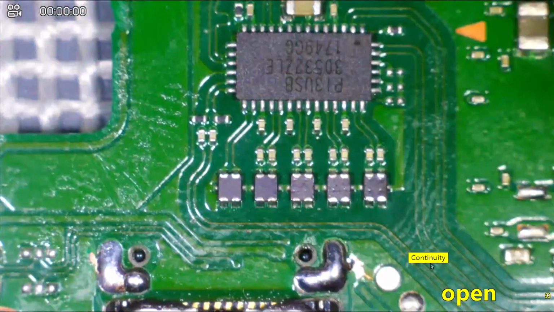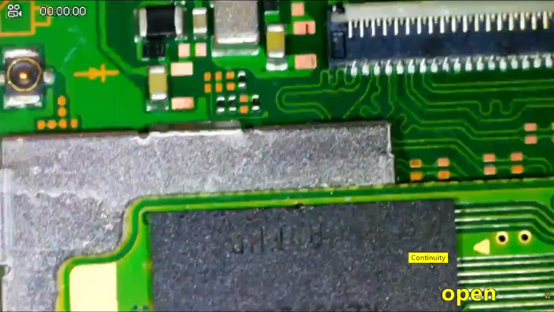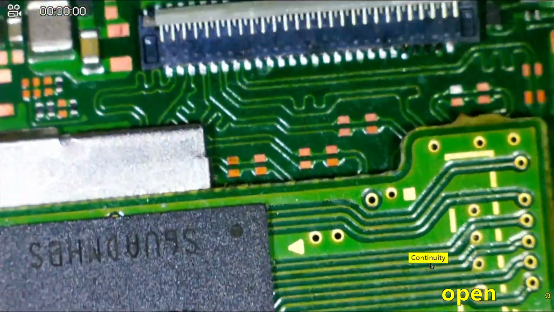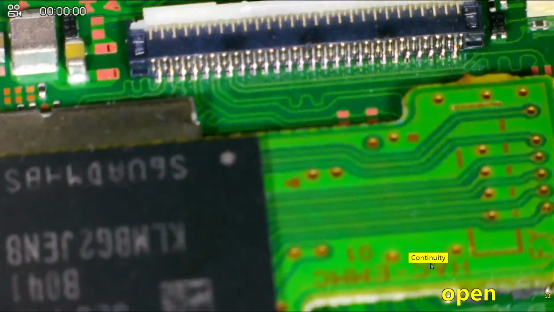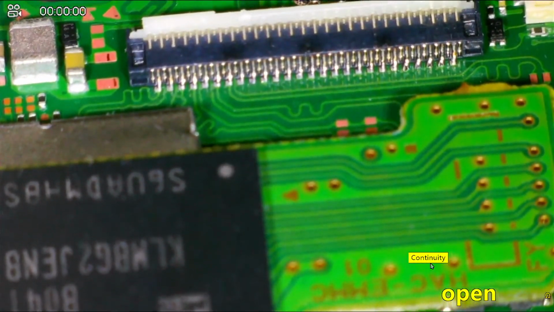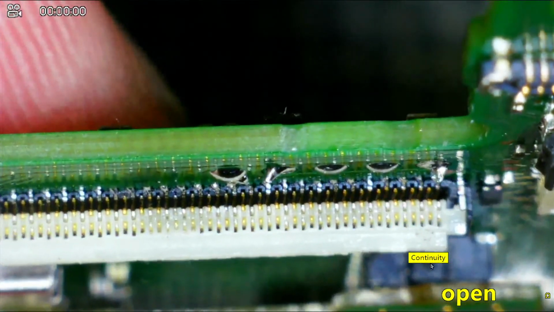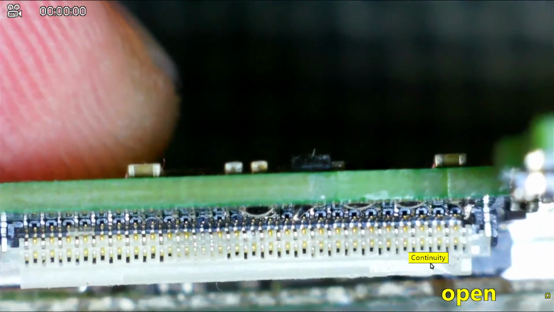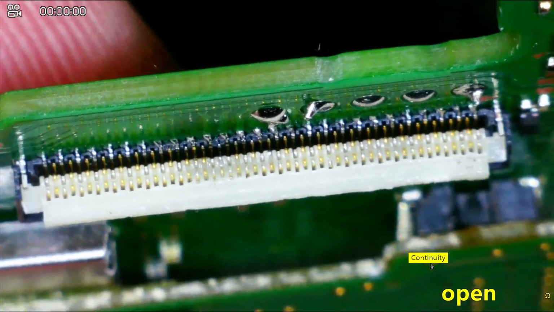Okay, so the filters are good. It doesn't have filters up here. Sometimes they're populated with filters in this area here. I'm not seeing any broken pins or anything.